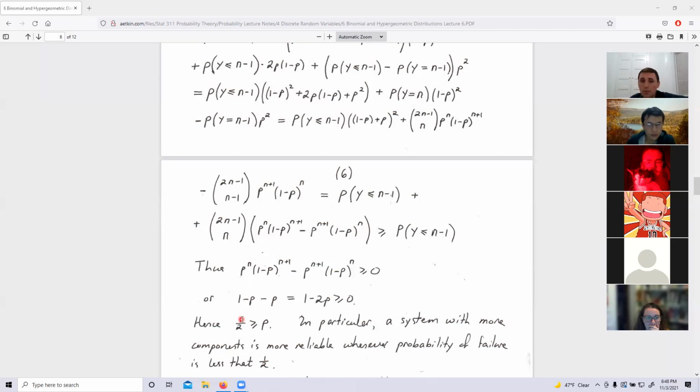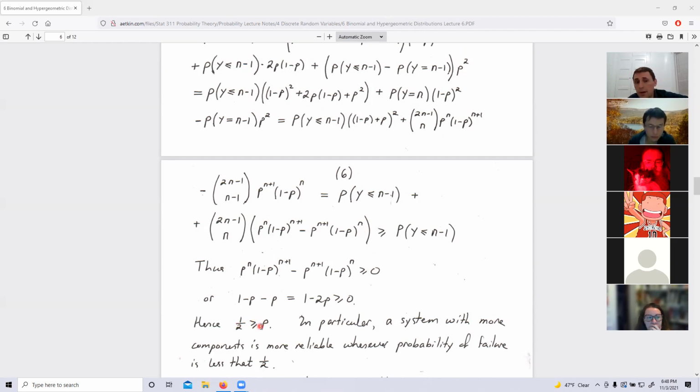In other words, well, you might have suspected that 1/2 is something to do with it, right? In other words, what is this saying? A system that's built of, so p is a failure, right? P is failure. So whenever p is smaller than 1/2, the parts are more reliable.